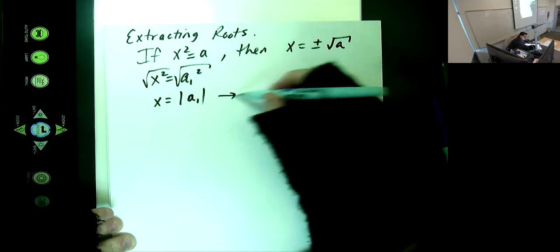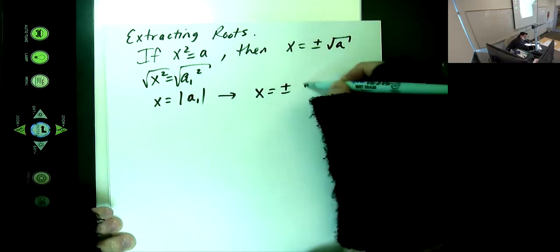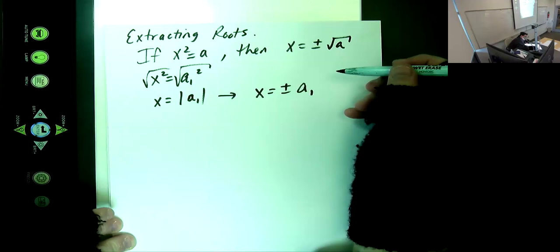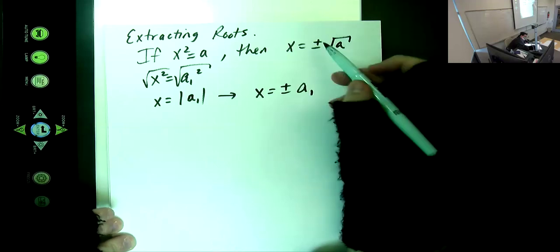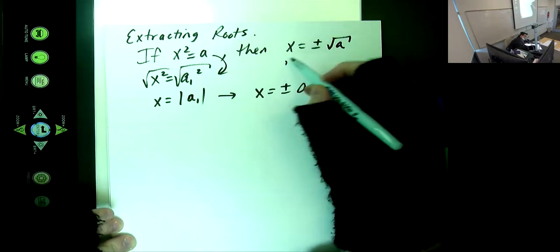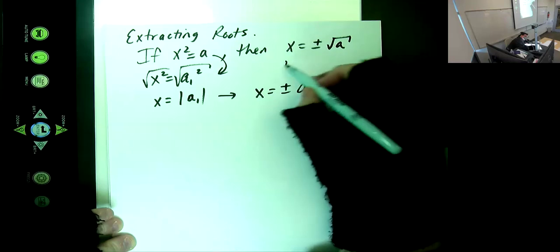And absolute value is our plus or minus. So the connection between these two is just square root of a is a1.